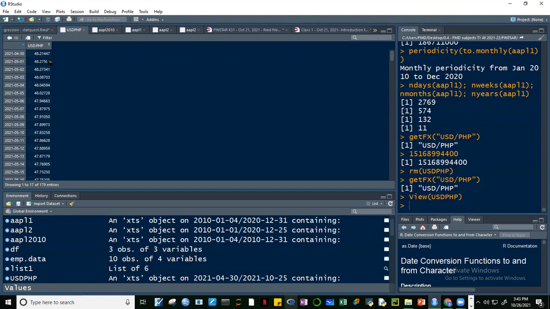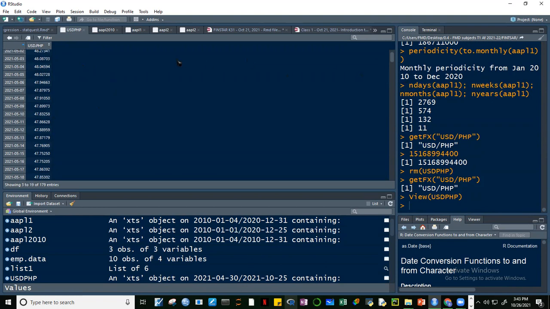So it's half a year, 6 months. Here we can see the different exchange rates, USD to Philippine peso, using Yahoo Finance. And the code allows us to generate an XTS object immediately, just by using get FX.